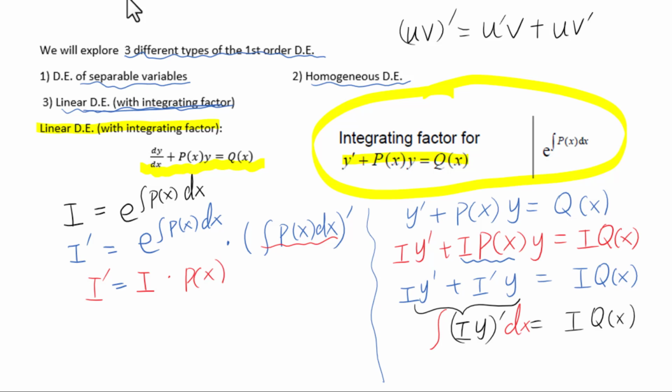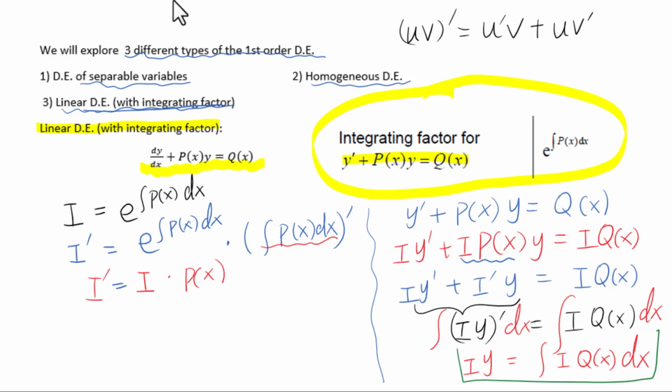Integrate both sides. We will get I y equals the integral of I q of x dx. If possible, please remember this formula.